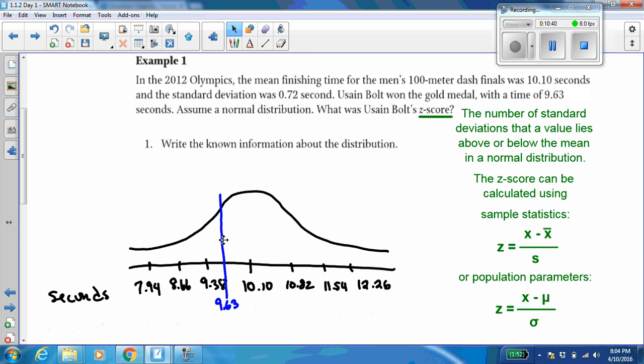So we start out with our mean, go 1 standard deviation to the right, 2 standard deviations to the right, 3, and then same thing to the left. So we end up getting our normal distribution looking like this.